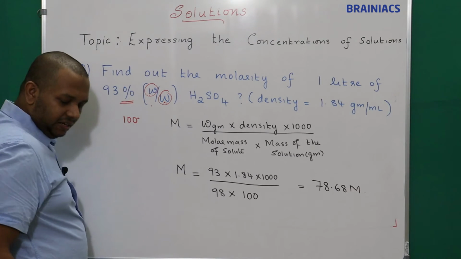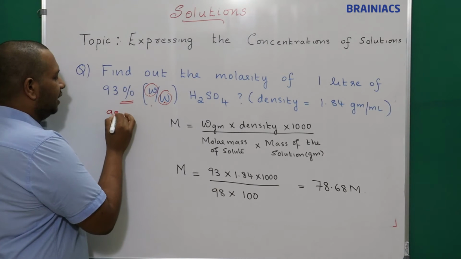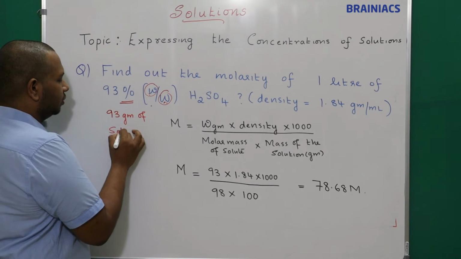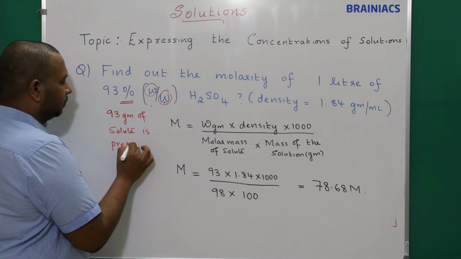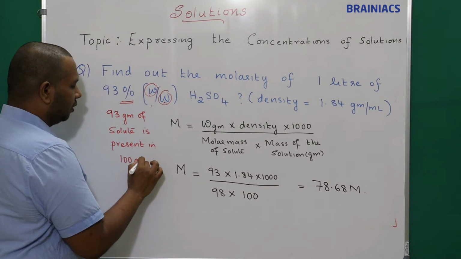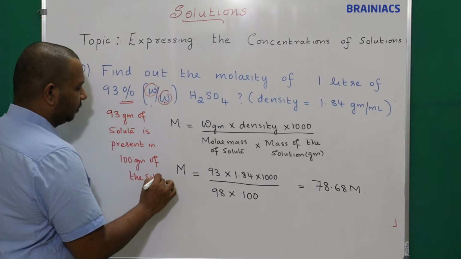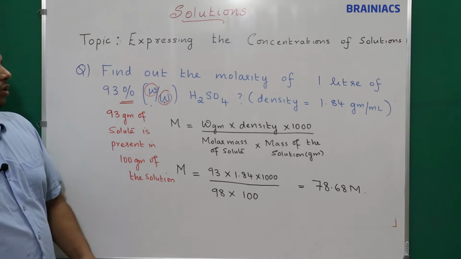That is the meaning of 93 percentage. I am writing here 93 gram of the solute is present in 100 gram of the solution. So this is the meaning of 93 percentage H2SO4.